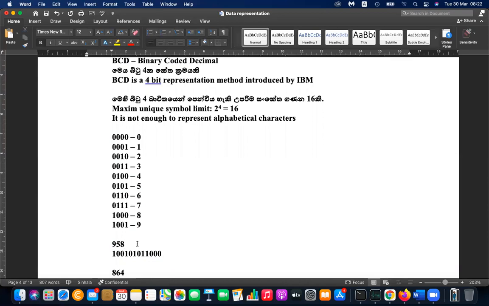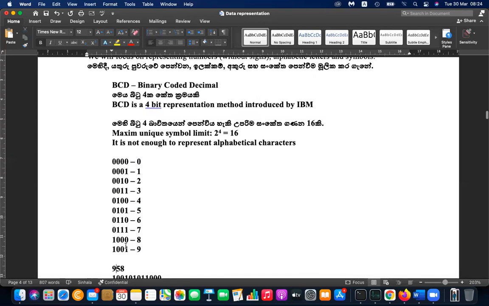If given a decimal number and asked to write the binary number, you have to divide by 2, write the remainder, divide by 2, write the remainder, and so on. But if given a number and asked for its BCD representation, then no division. You need to have this table somewhere, written in a book or on rough paper, then represent the number. So instead of 9, you write 1001. Instead of 5, you write 0101. Instead of 8, you write 1000. That is representation. Don't confuse it.